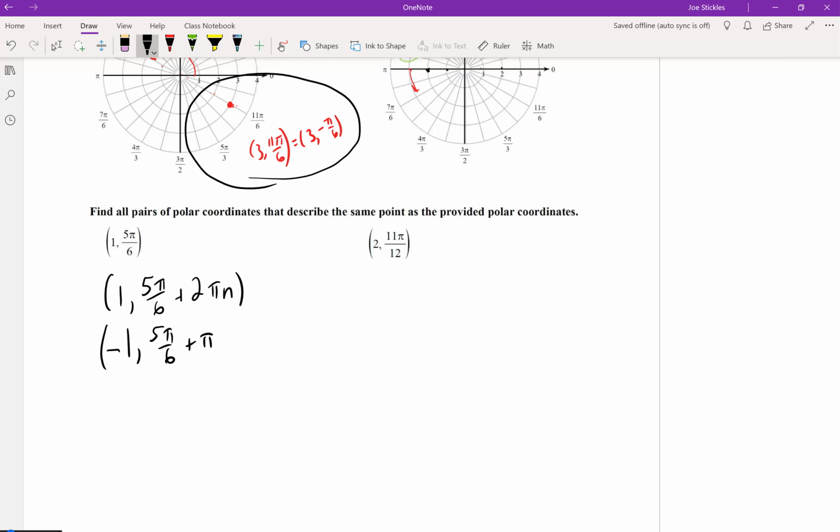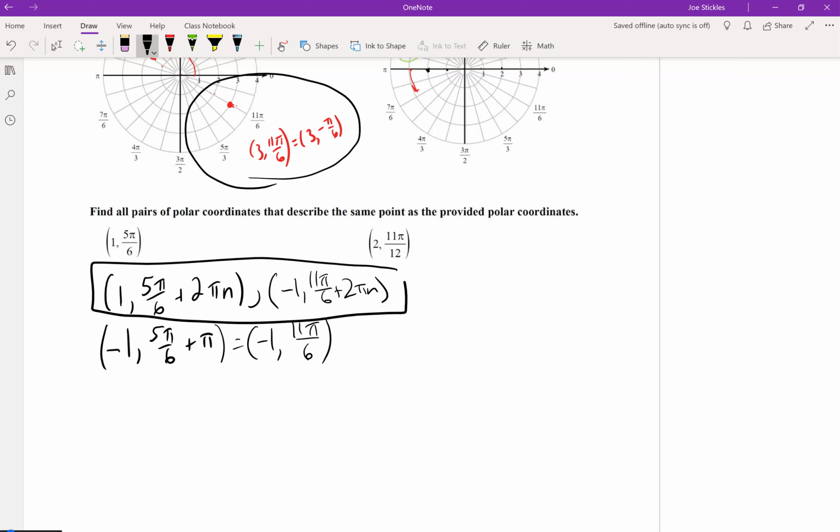So remember, 2 pi doesn't change anything. That's just a rotation. So this would be negative 1 and then 6 pi over 6 plus 5 pi over 6 is 11 pi over 6. And now, just like this previous one, we could do -1 and then 11 pi over 6, and I could add multiples of pi, or 2 pi to that all day long and get the representation. So here's all representations of that point.